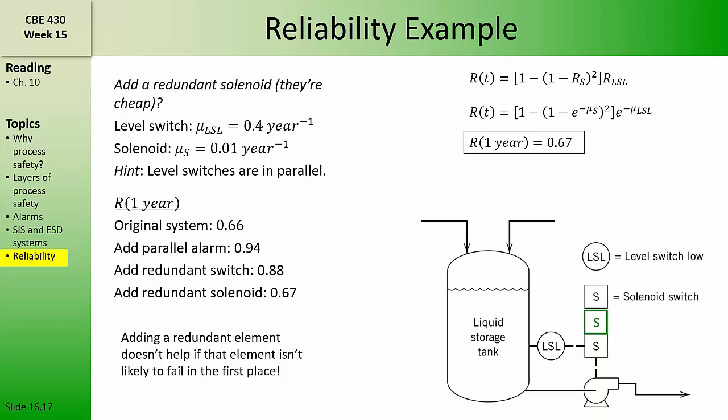So if we make that component redundant, we substantially improve the reliability. However, adding an additional solenoid does not improve the reliability much at all, and that's because the original solenoid was unlikely to fail in the first place. Adding redundancy of an element that isn't likely to fail does not improve the reliability of the process.